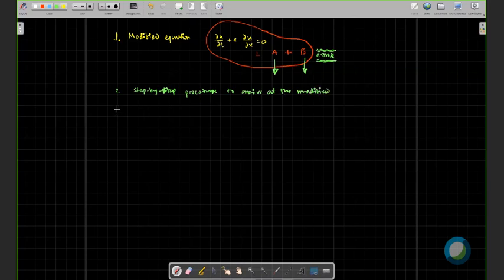And then once we discussed this modified equation, we came to know about a certain term called the amplification factor.